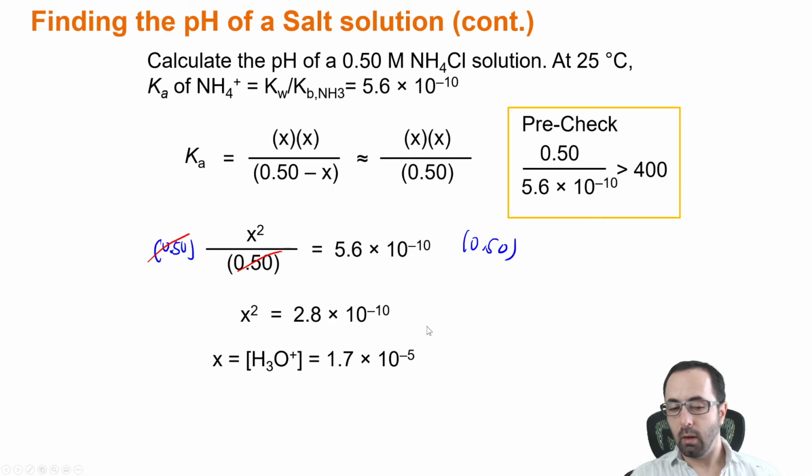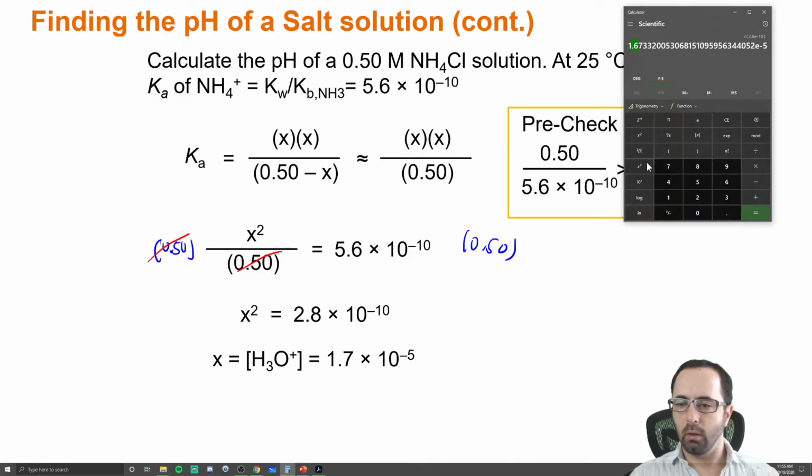So now to figure out the pH, all we got to do is take the negative log of that. So we do 1.7 EE minus 5. Oops, I didn't type that right. And we're going to take the log of that and then change the sign.